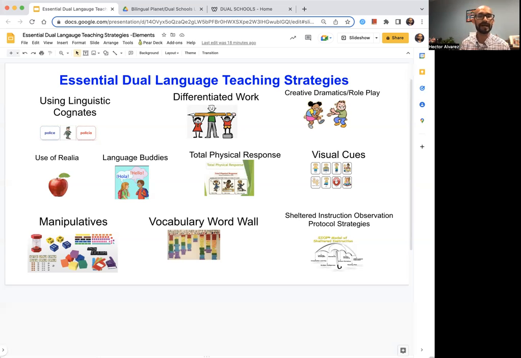Another strategy that we have is creative dramatics and role playing. Role playing is basically similar to a skit. It is an activity or a strategy that helps the student develop their speaking skills. It's engaging. It allows all the students to play a role and express themselves.